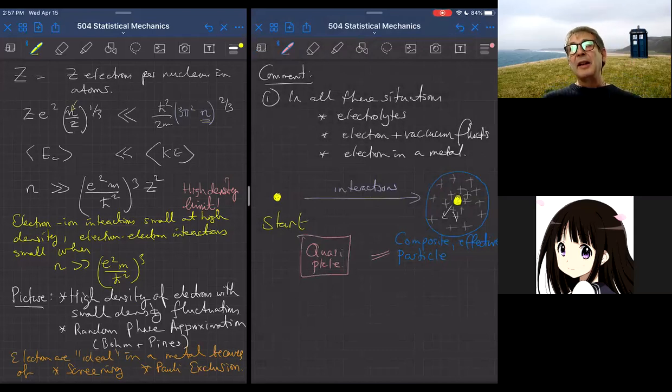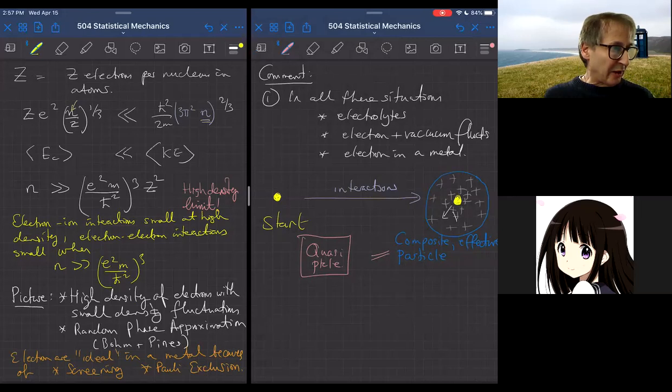And so this whole idea of starting off with particles and then having some interactions between them that cause some kind of renormalization of the particle's properties, either in its charge or its mass or spin and so on, is a very important theme, not just in quantum field theory, but in condensed matter physics.